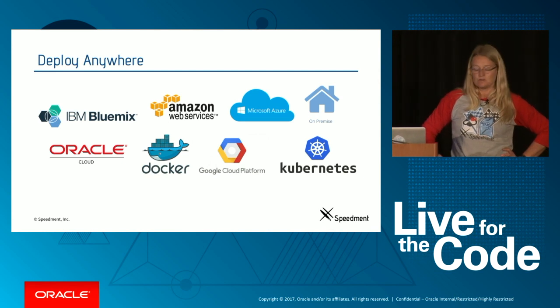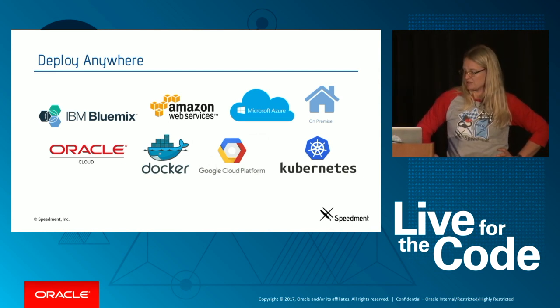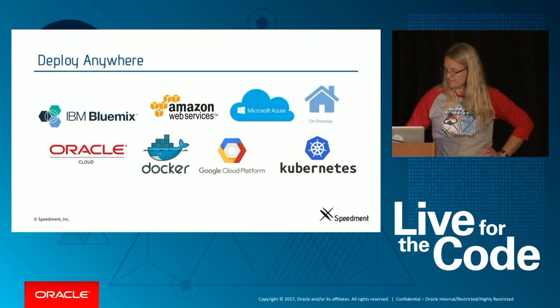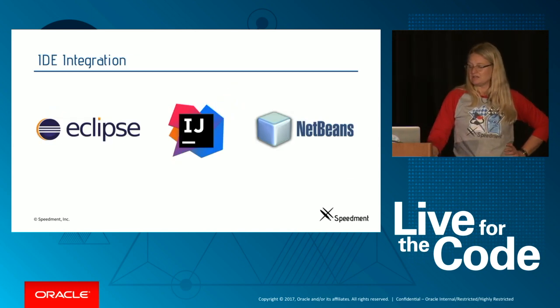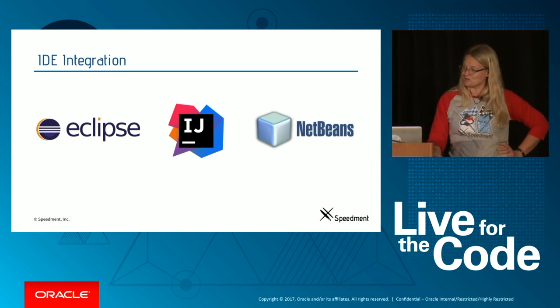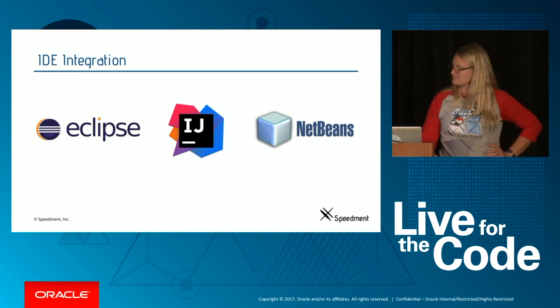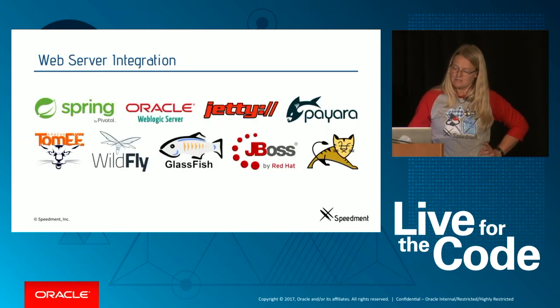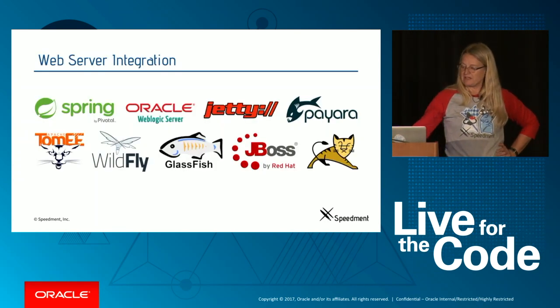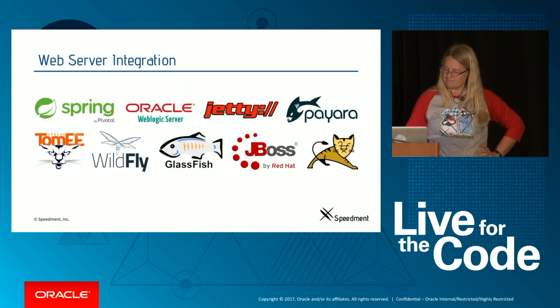It's very good using Docker and Kubernetes. You can use it in the cloud. It works with IntelliJ, or I guess you used to use NetBeans or Eclipse. I'm the old guy, yeah. You can work with Spring, JBoss, or any web server integration.